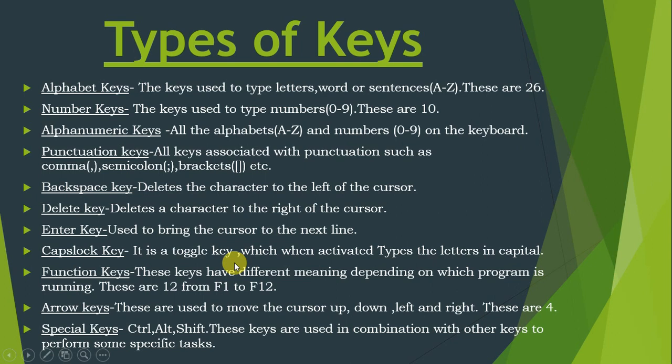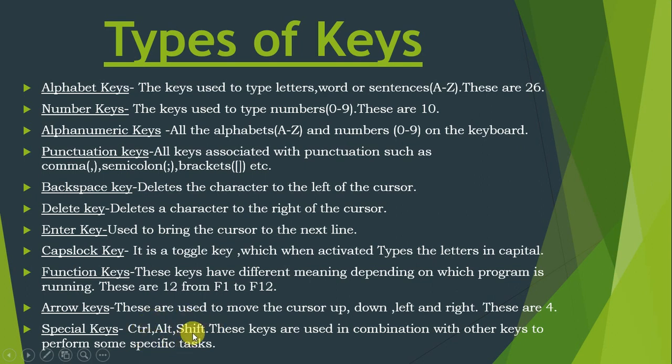Next we have arrow keys. Arrow keys are used to move the cursor up, down, left and right. There are total 4 arrow keys on the keyboard: up, down, left and right. Special keys. We have some special keys like control key, alt key, shift key.